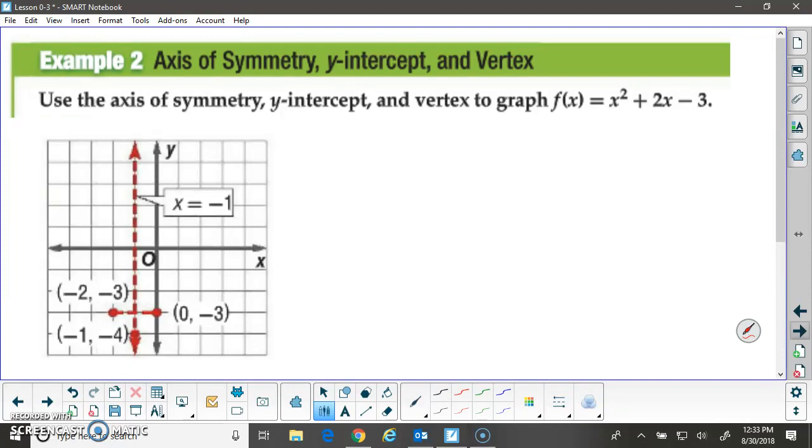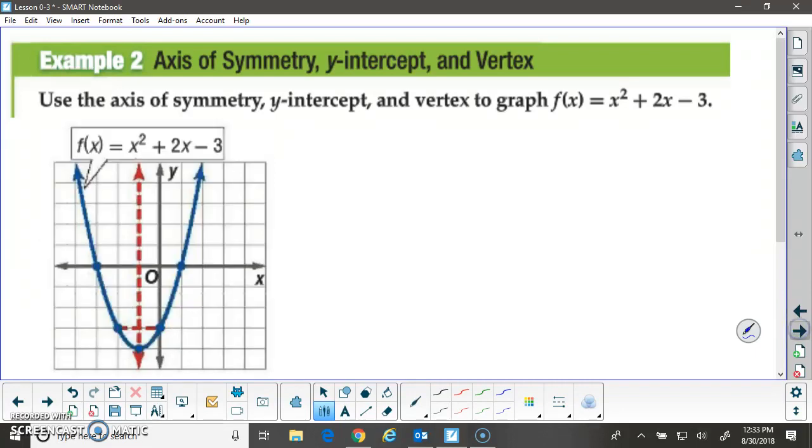I've got the vertex plotted right here at -4, and then we've got the y-intercept plotted right here at 0, -3, which means it has to have a symmetric point right over here at -2, -3, and then it's just a matter of finding maybe 2 more additional points to produce your graph, and it looks here like we found these 2 additional points, 1, 0 and -3, 0, to produce a more accurate graph.